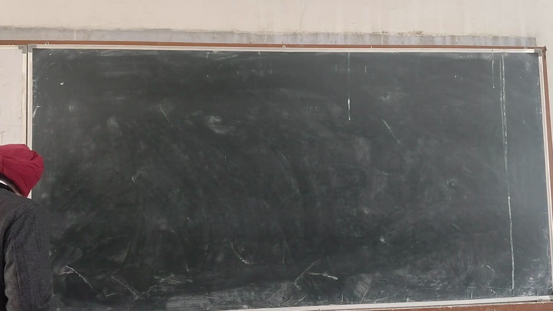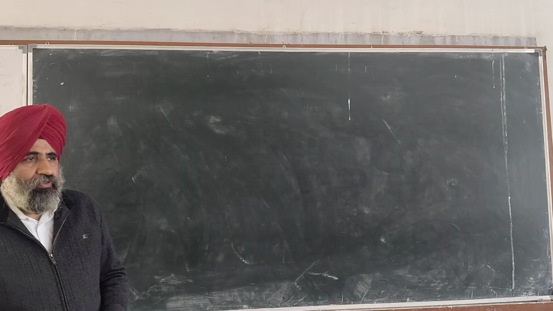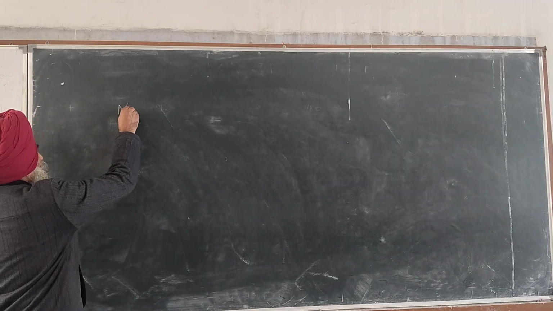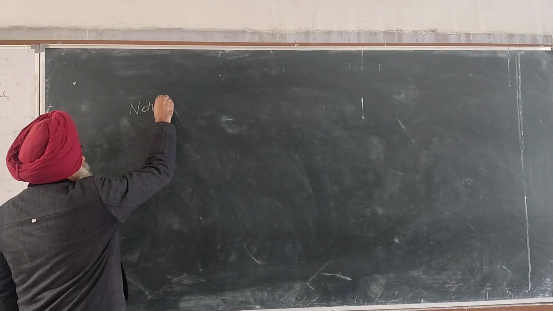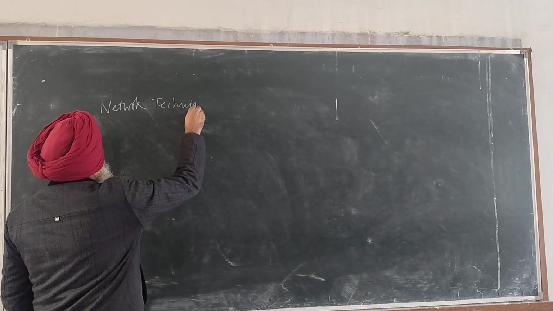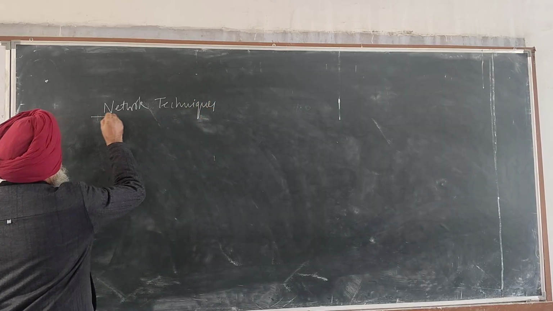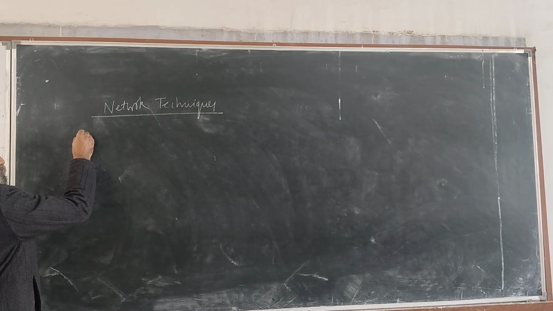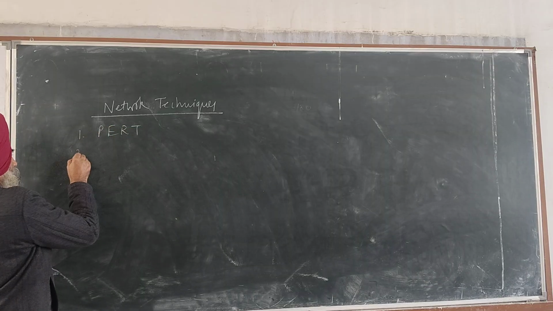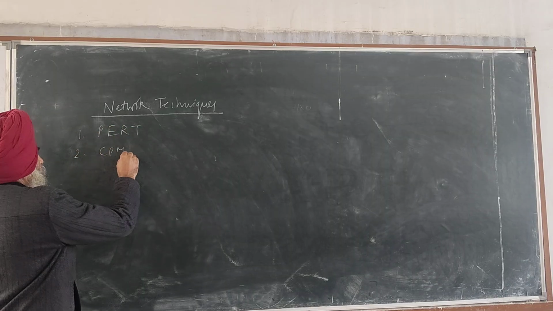Yesterday, in continuation with our project management, we were talking about the network technique. I continue with the same topic, network techniques. In network technique, we were talking about PERT and CPM. What is PERT?